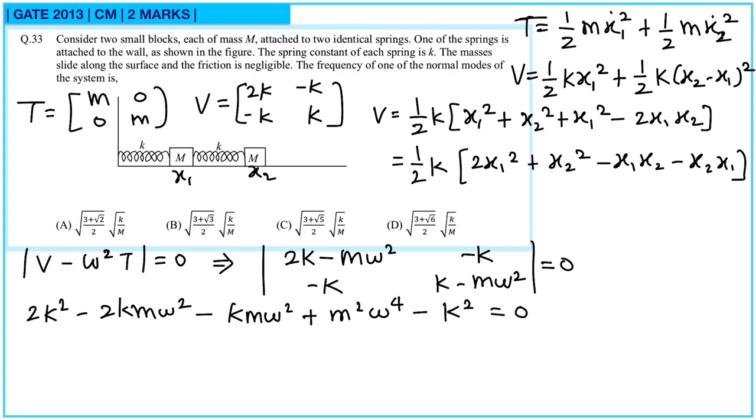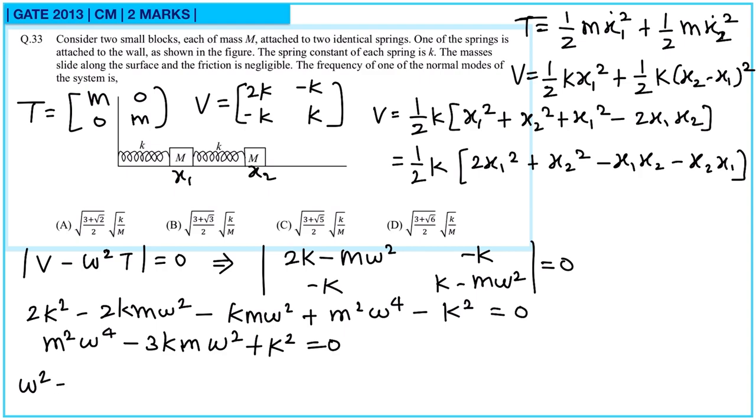This is equal to 0. So we have m square omega raised to 4, then minus 3k m omega square, and lastly plus k square. This is equal to 0.